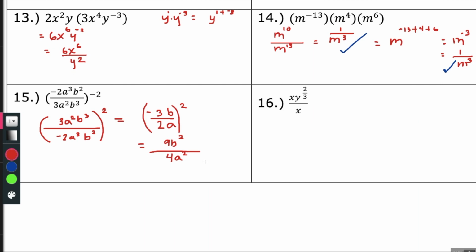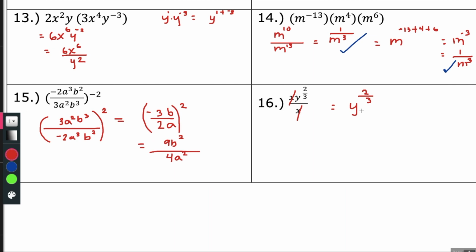Okay, and for our last item, number 16, this one is very, very easy. You just cancel this one out. You will get y^(2/3). Now the question is, is there any way for you to rewrite this without using any exponents?